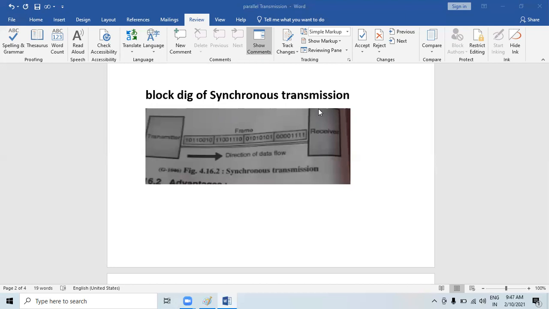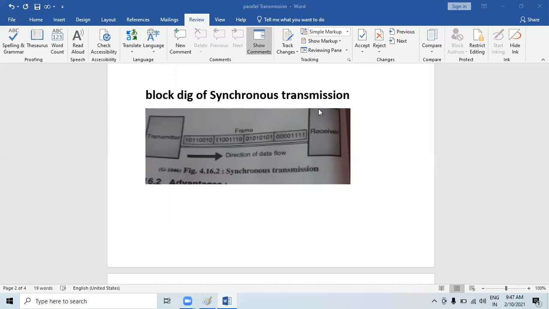So the difference between asynchronous and synchronous transmission: in asynchronous transmission, synchronization is not needed. This is the first parameter, and in synchronous transmission, synchronization is required.